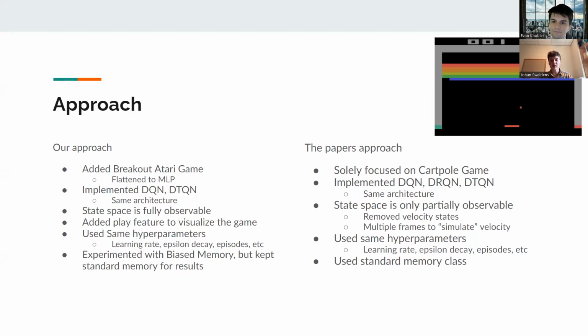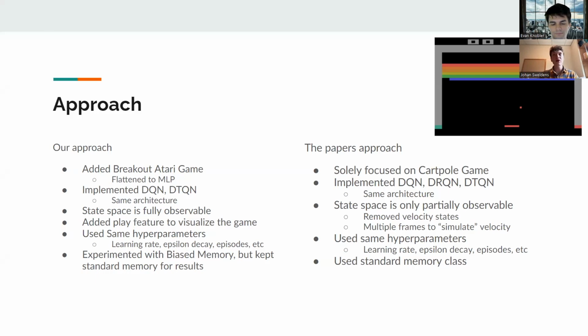Additionally, like we were kind of saying earlier, the state spaces in their approach are actually not fully observable. They removed the velocity states from their CartPole game, just using the angular position and the cart position along the x-axis. And then they simulated the angular velocity and the horizontal velocity of the pole by feeding into their model multiple frames per second and having that model learn from those frames.